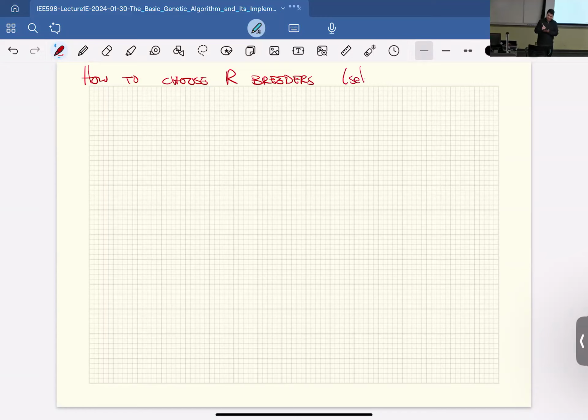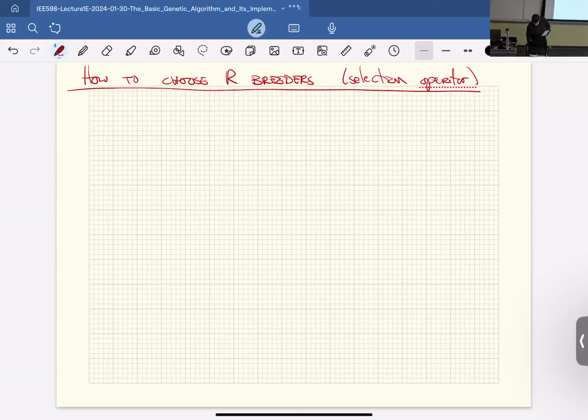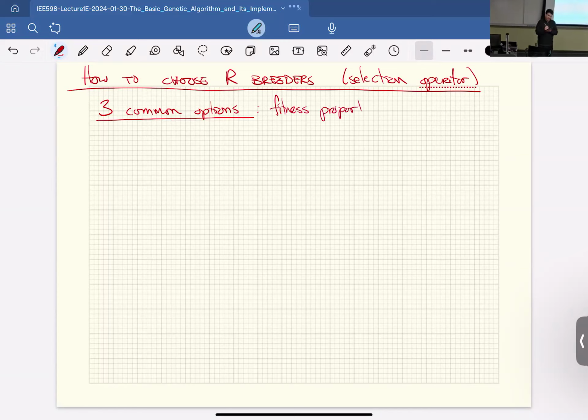Which is our selection operator. There's three common options: fitness proportionate selection, ranking selection, and tournament selection.